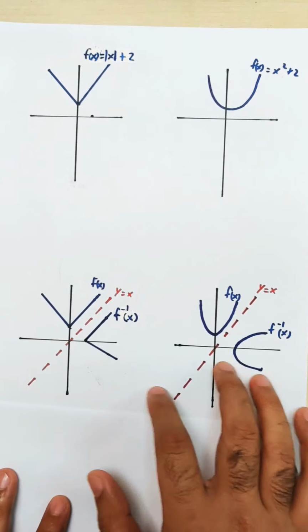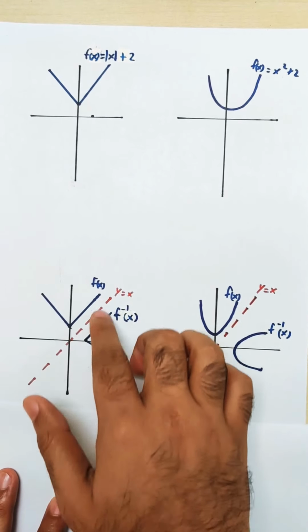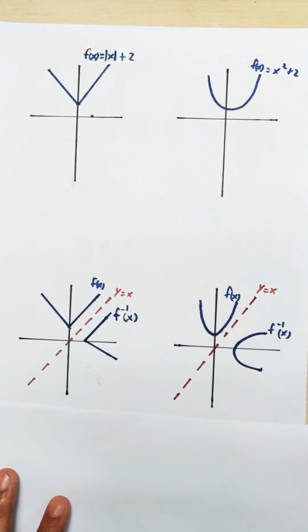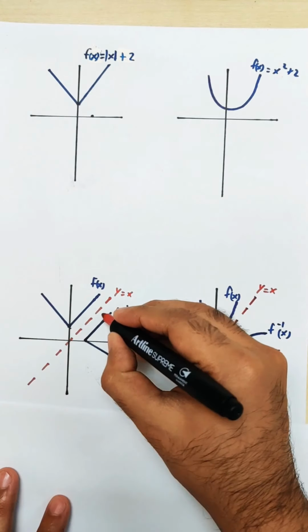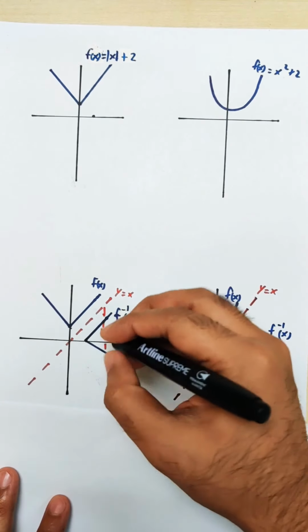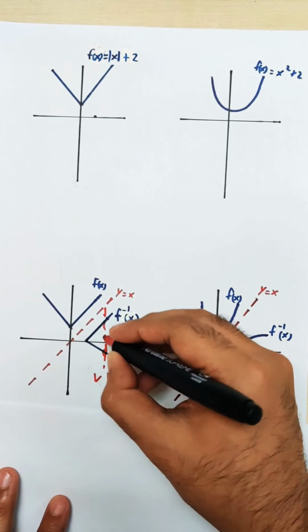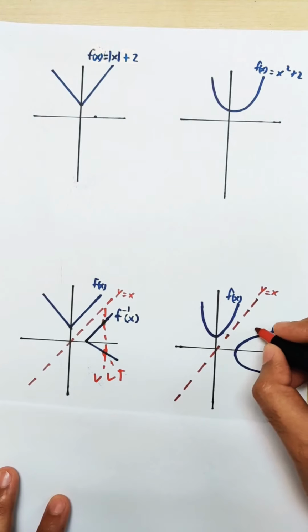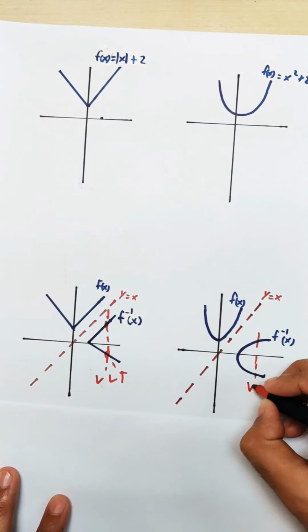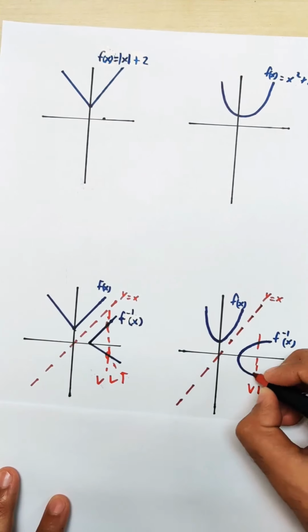Now, if you have a look at the inverse and I do the vertical line test, let me draw a bit here. So VLT, I have two intersections here. Same goes for here. If I do a vertical line test, I have two intersections.